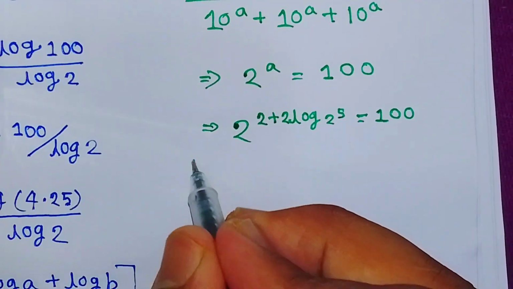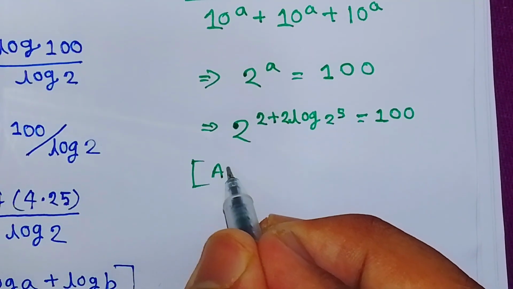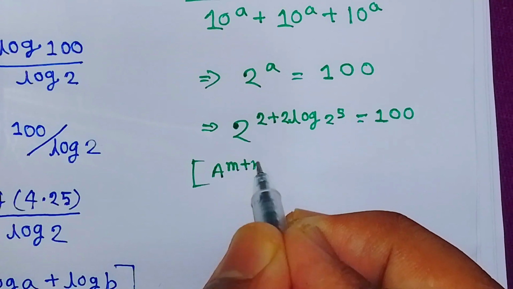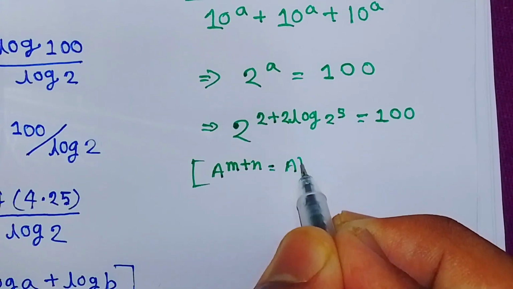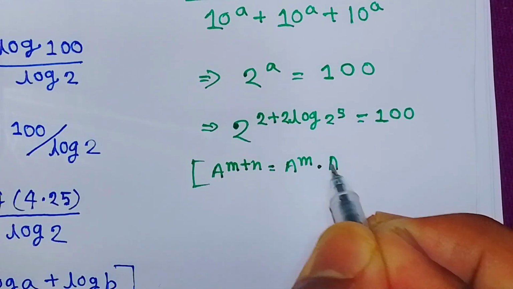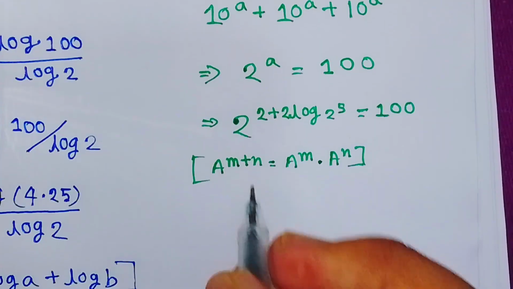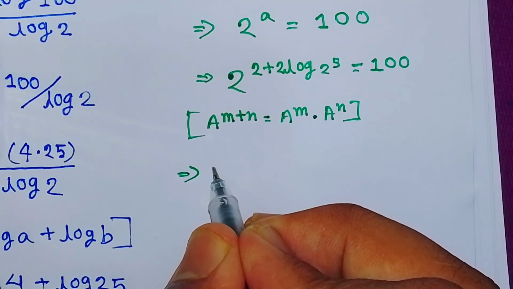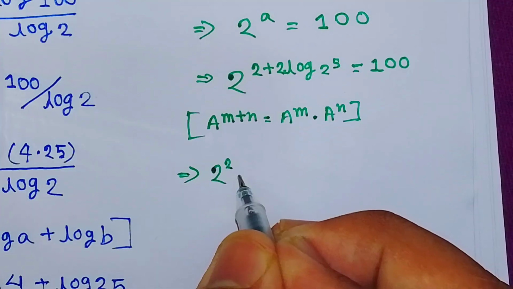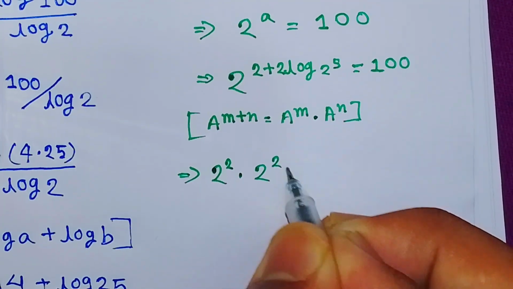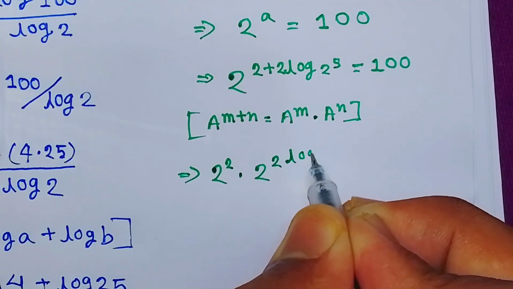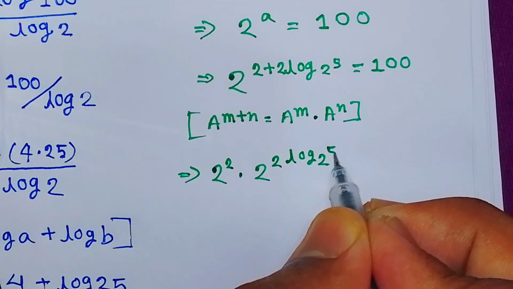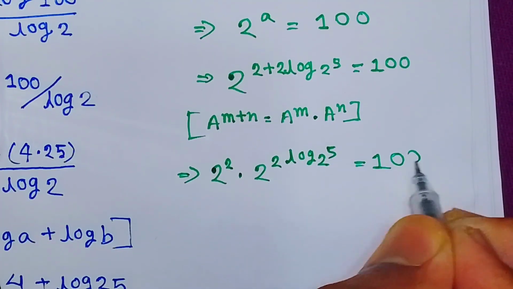So here we will use an exponential formula: a^(m+n) equals a^m times a^n. So after that we'll simplify. Take a look: 2 squared times 2 to the power log base 2 of 5 squared equals 100.